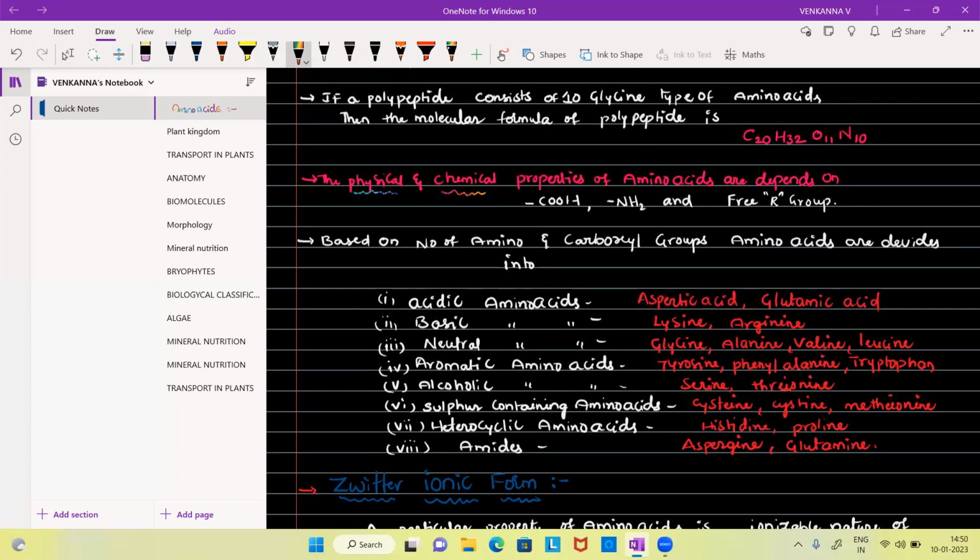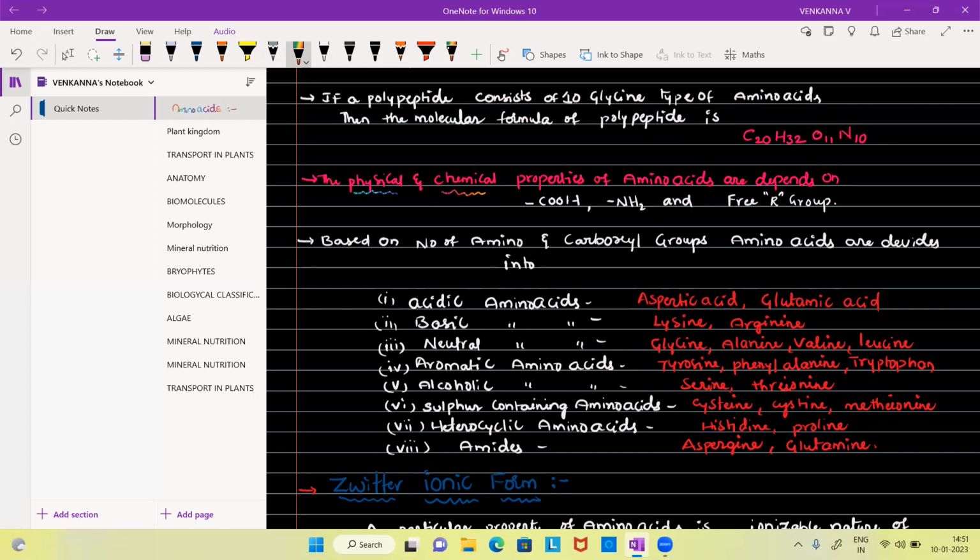They are acidic amino acids like aspartic acid and glutamic acid, and basic amino acids like lysine and arginine. That means in acidic amino acids, carboxyl groups are more, and in basic amino acids, amino groups are more. In neutral amino acids, the acidic carboxyl groups and basic amino groups are equal in number.